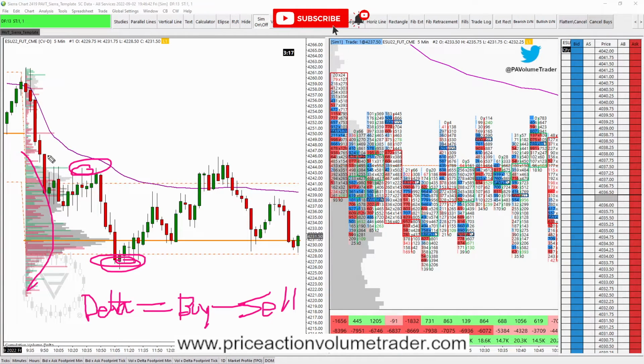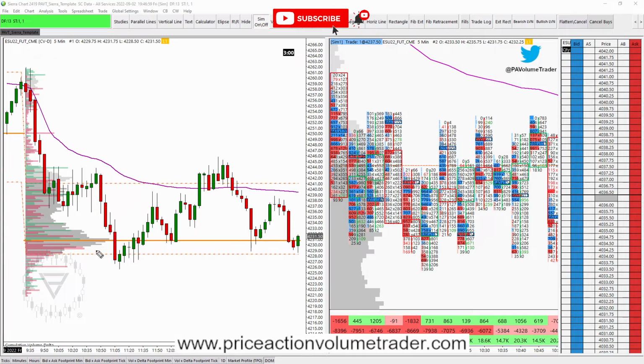This is a study on Sierra Chart, but a lot of platforms have this, where I have my session volume profile, and then these horizontal red and green lines over here are executed market orders to buy or sell. So as you can see, right over here at the lows, there's a lot of aggressive selling.